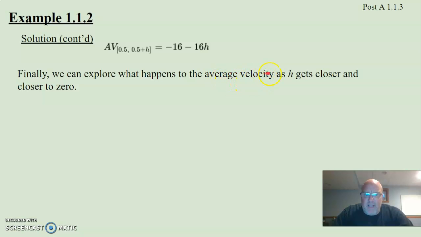Okay, now what happens to the average velocity as h gets closer and closer to 0? So here's 0.5, here's 0.5 plus h. We're going to get it closer and closer and closer. We want that gap to be infinitely small. So we want that h value to be 0 or as close to 0 as we can get. Well, look at what happens here. What happens as h gets closer and closer to 0? What's going on with this value right here? Can you figure that out?